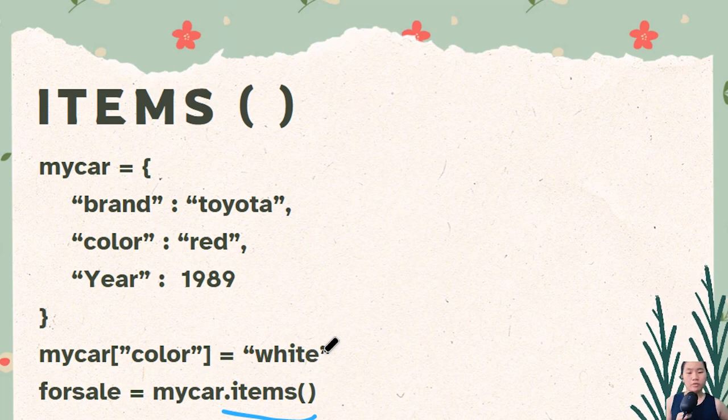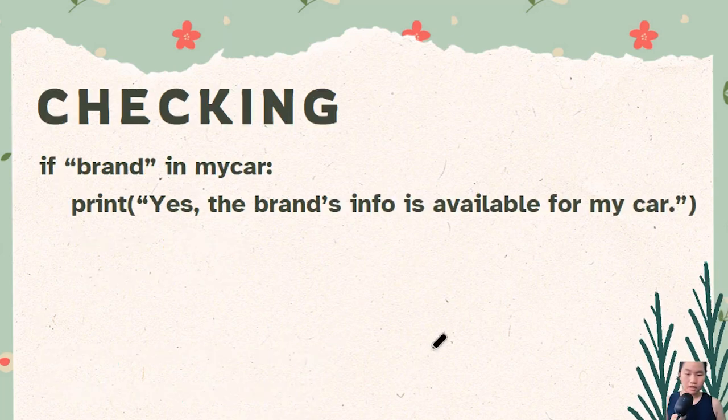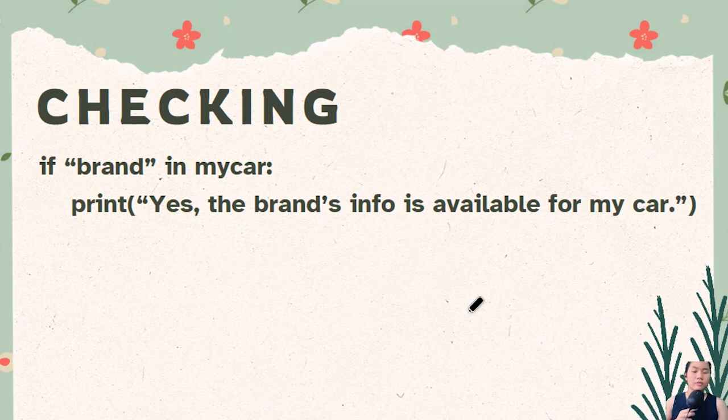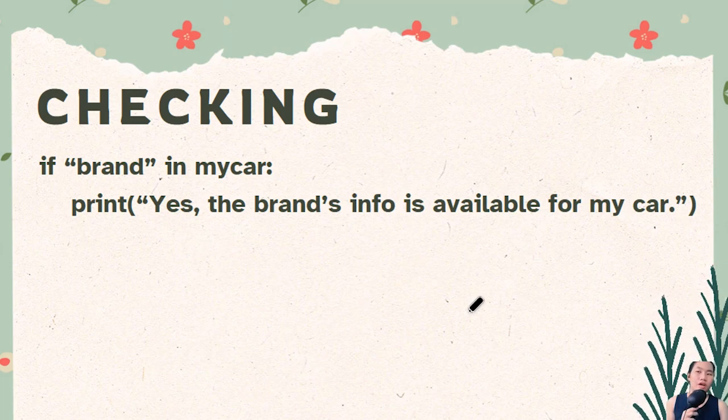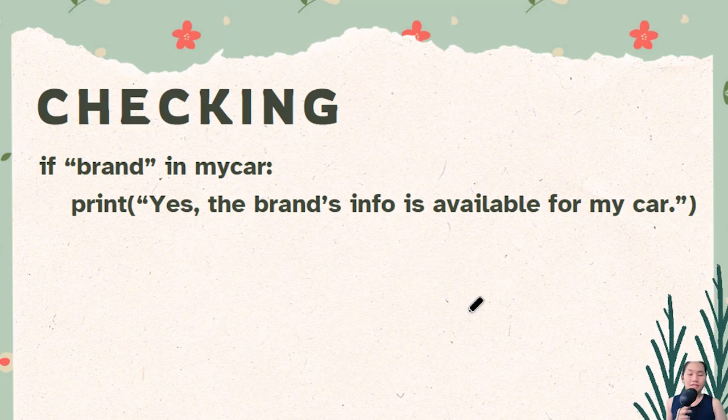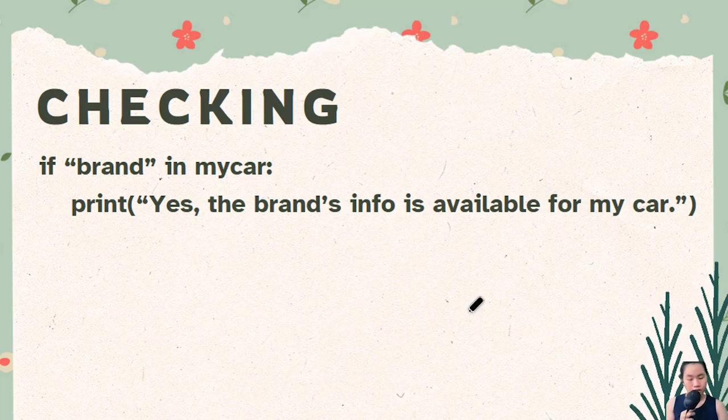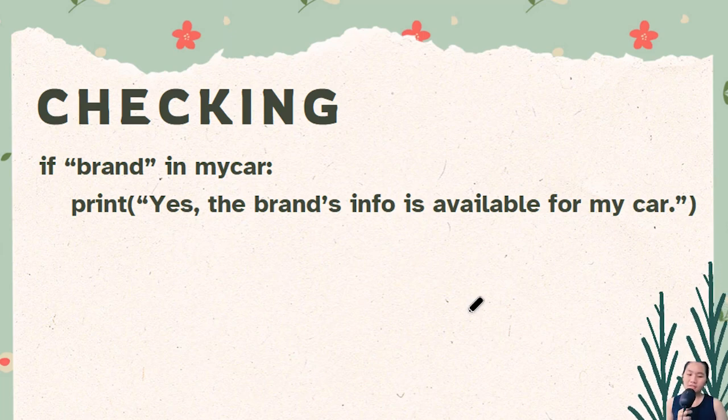Now, we're going to move to the last part of this lesson, which is checking. Checking is something that we've seen with list, tuple, sets, and now with dictionary. You're just simply using an if-else statement minus the else, to be honest. If brand, so this is a key, okay?